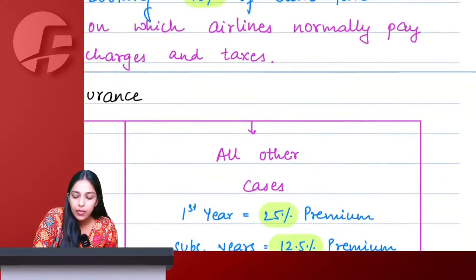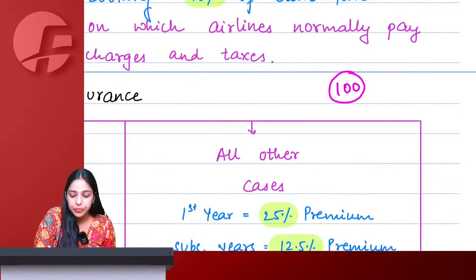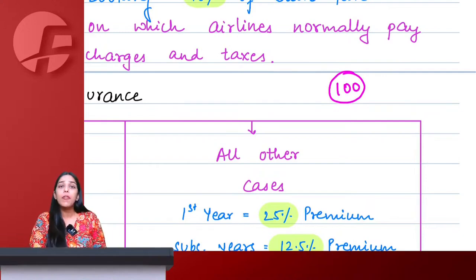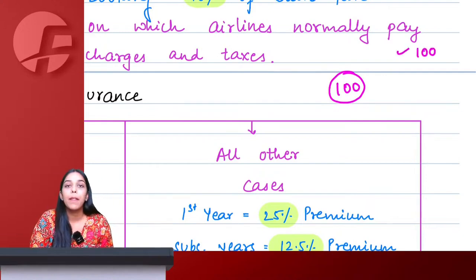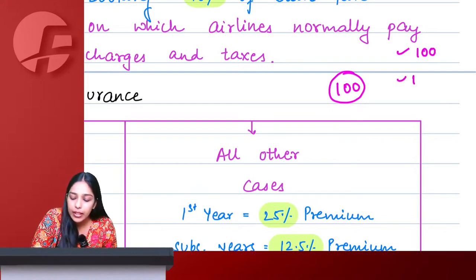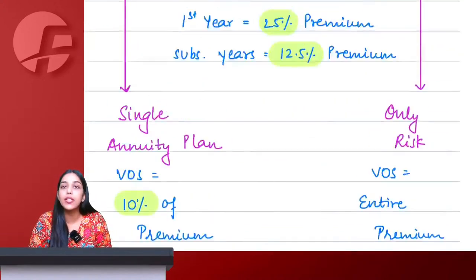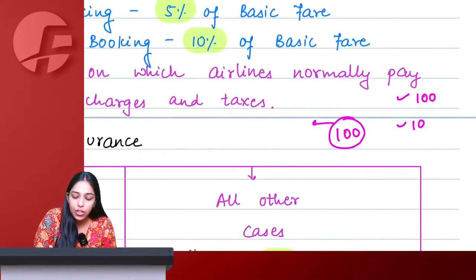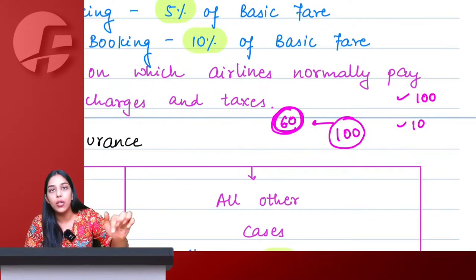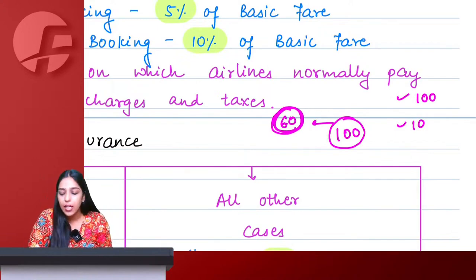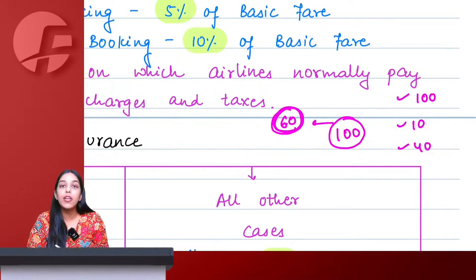So let's say I received a total premium of 100. If it is only for risk coverage, 100 becomes value of supply. If it is for single annuity plan, 10 becomes the value of supply, being 10% of the premium. If I actually invested 60 from this, 60 is allocated towards investment, and it is intimated to policyholder, then 100 minus 60 is equal to 40 becomes value of supply.